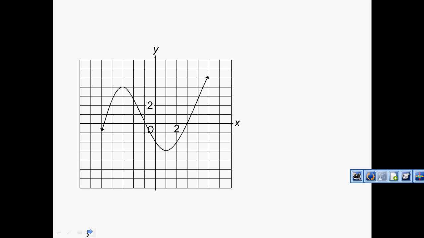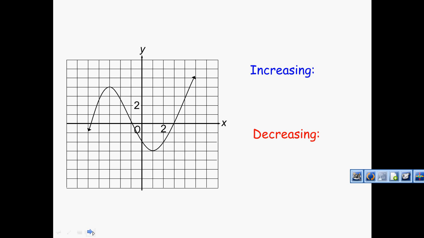Now we have another problem. If you look at this, you'll see that I'm increasing here, I'm decreasing here, but I'm increasing here. And that's okay. I want you to pause the video and take a moment and see if you can work it. When I look at my increasing and decreasing, I see that I'm increasing at this point and at that point. So when I go to write that interval, it's from negative infinity to 3.